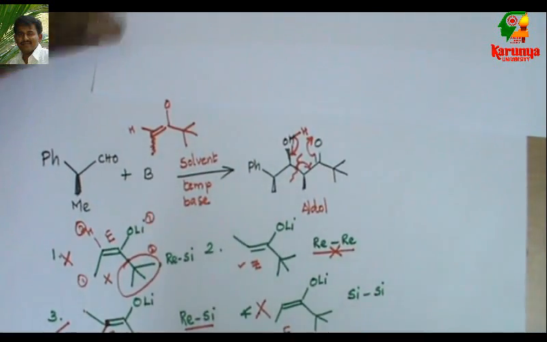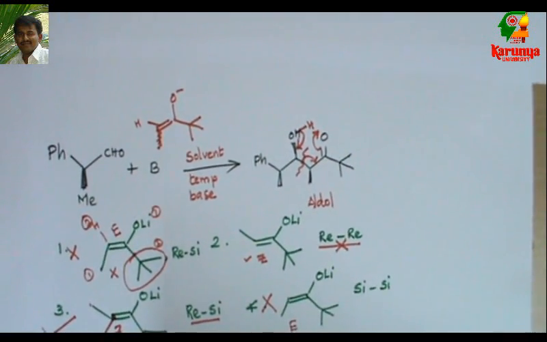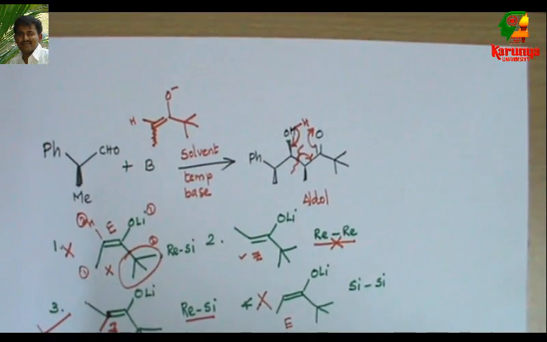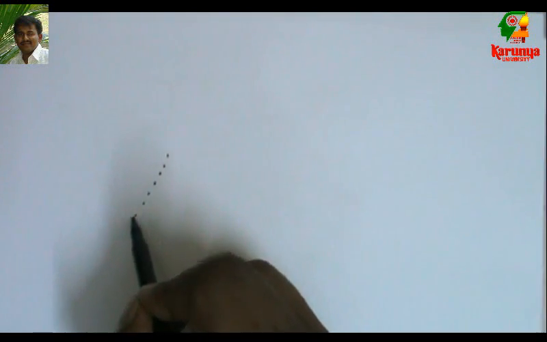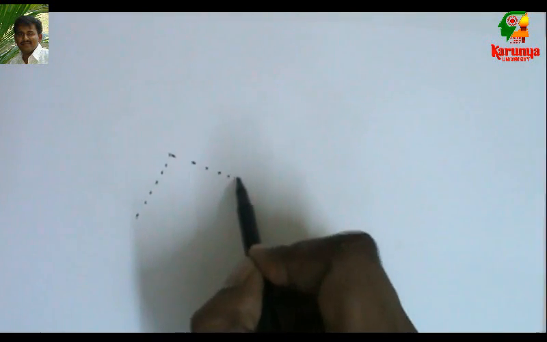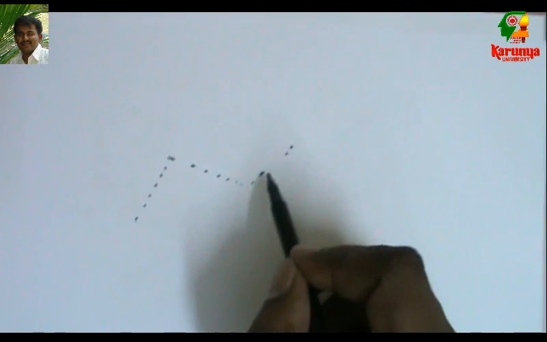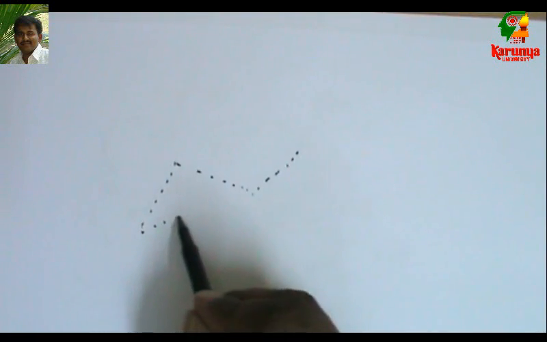Suppose I go for Re Si facial attack, will I get this product? You may know that the aldol reaction goes through a 6-membered cyclic transition state. So I draw the 6-membered ring. I make it somewhat big so it will be clearly seen.